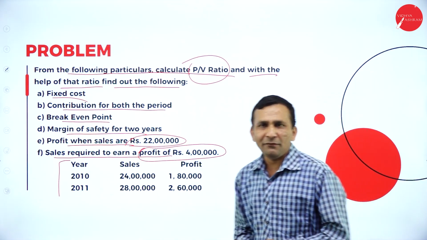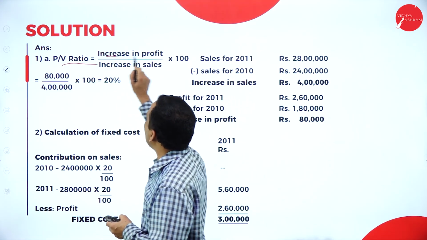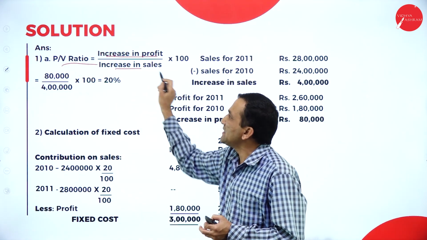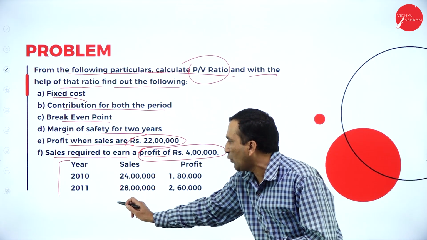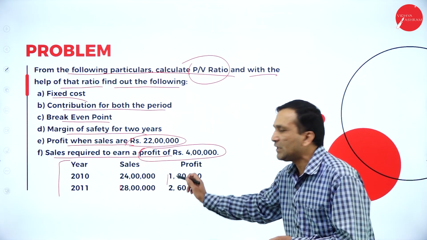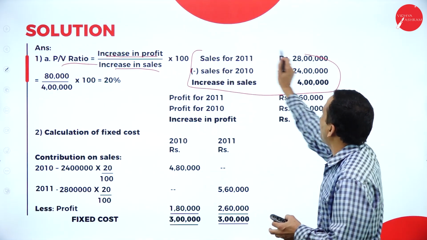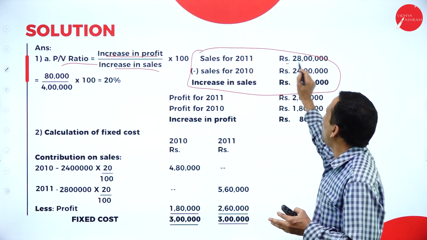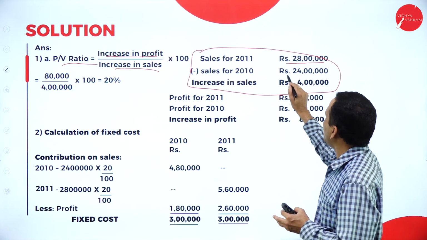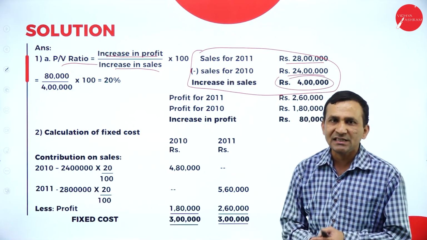The formula for PV ratio is increase in profit divided by increase in sales. Obviously there is an increase: sales are up 4 lakhs, and profit is up 80,000. So we will calculate separately to find the increase. For 2011 we know the sales is 28 lakhs, and for 2010 it is 24 lakhs. If you subtract, 4 lakhs is the increase in sales.